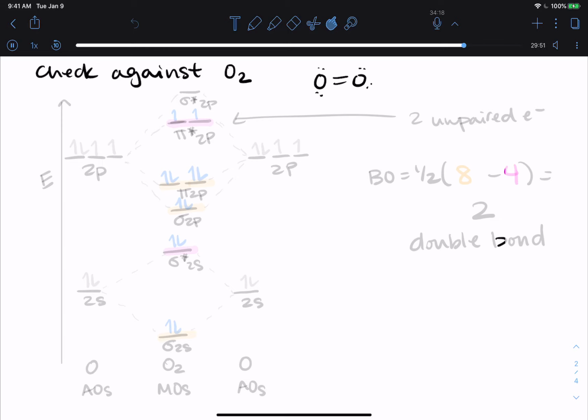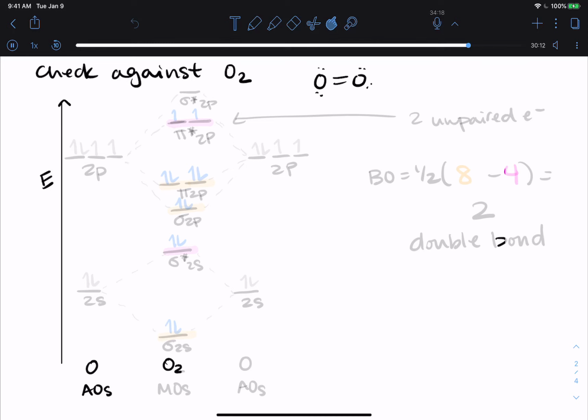And my MO correlation diagram. So O2, oxygen is in the second half of the first period. It uses a first order MO correlation diagram. So one column will be my oxygen atomic orbitals.